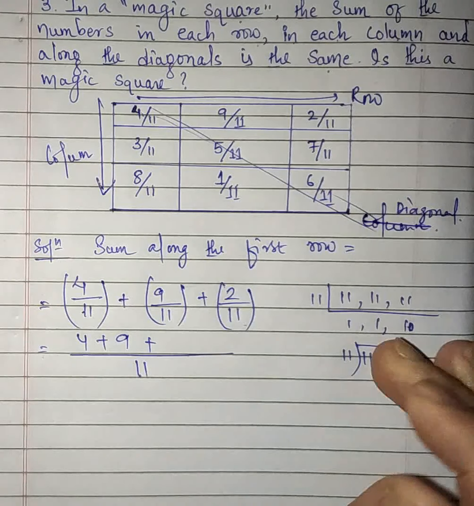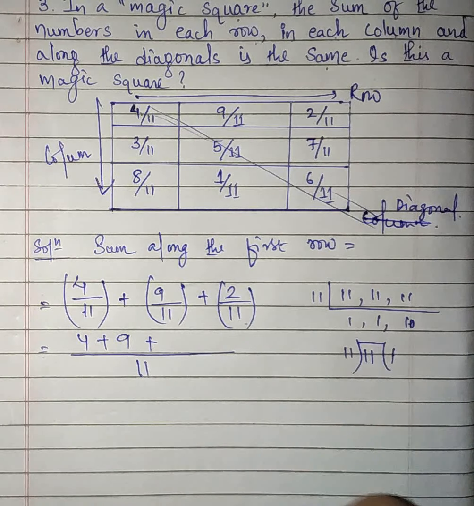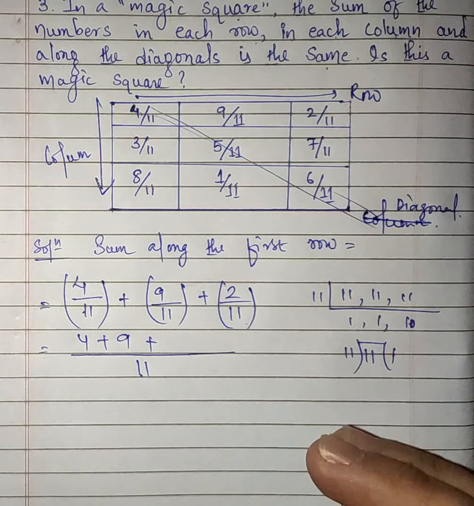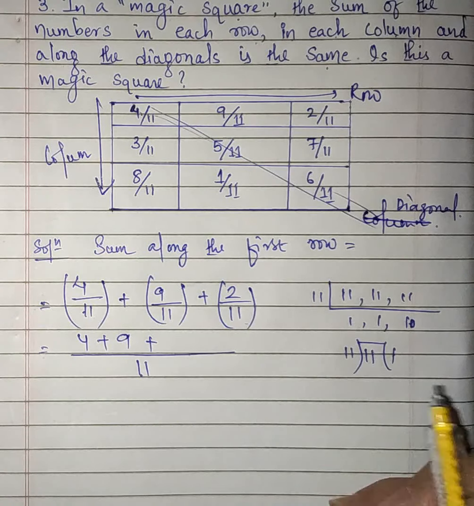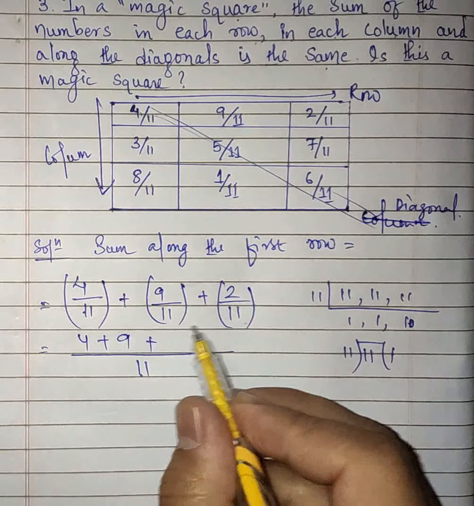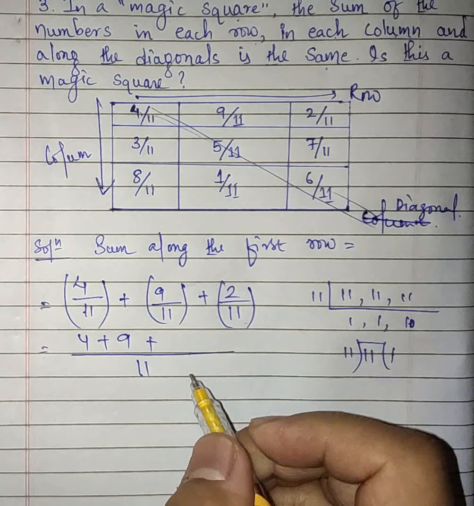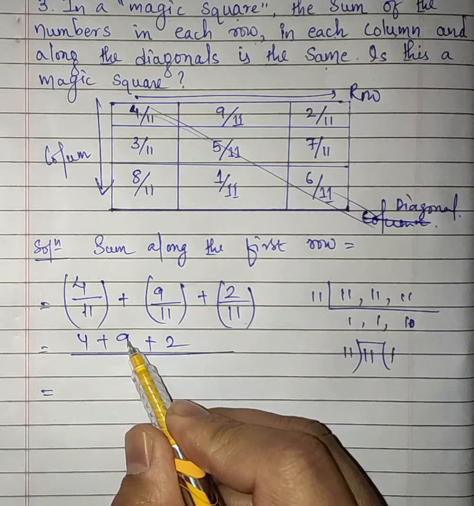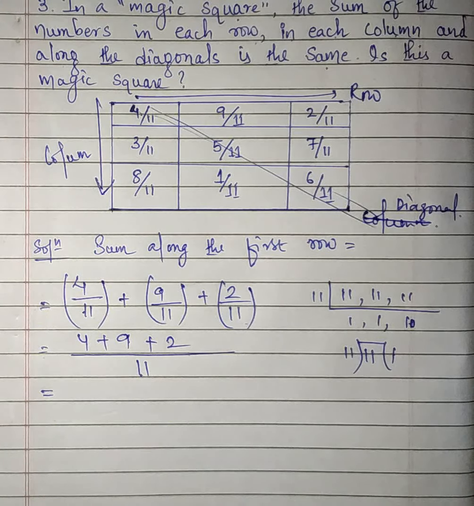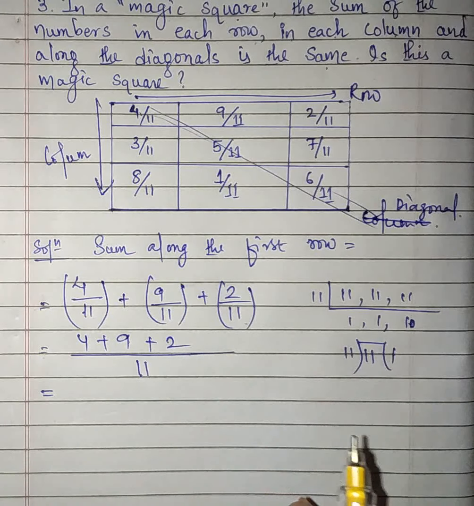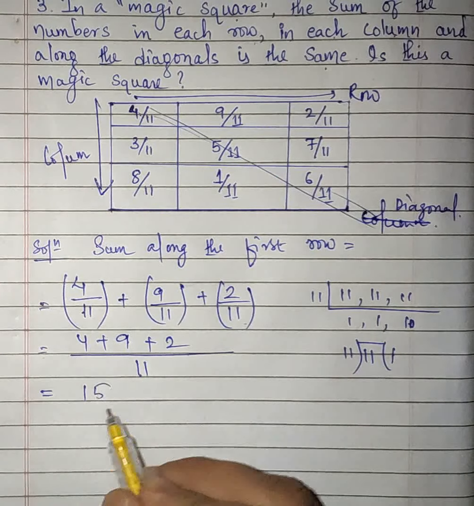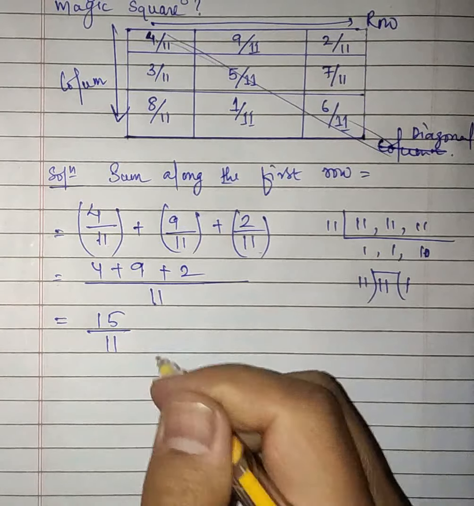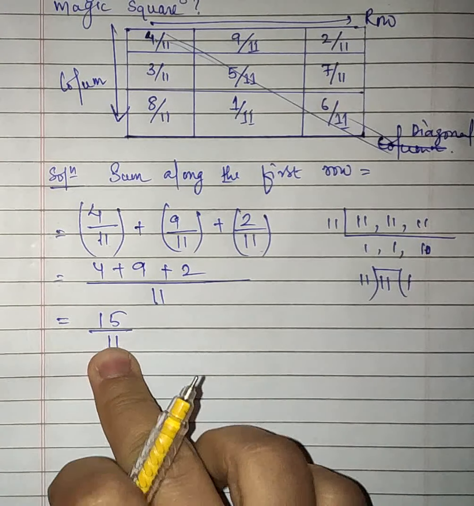I hope this is clear, because I am doing many such questions related to this sum. Again here, 11 by 11 is 1, and 1 into 2 is 2. So 4 plus 9 is 13, and 13 plus 2 is 15, and 15 by 11 is the first answer.